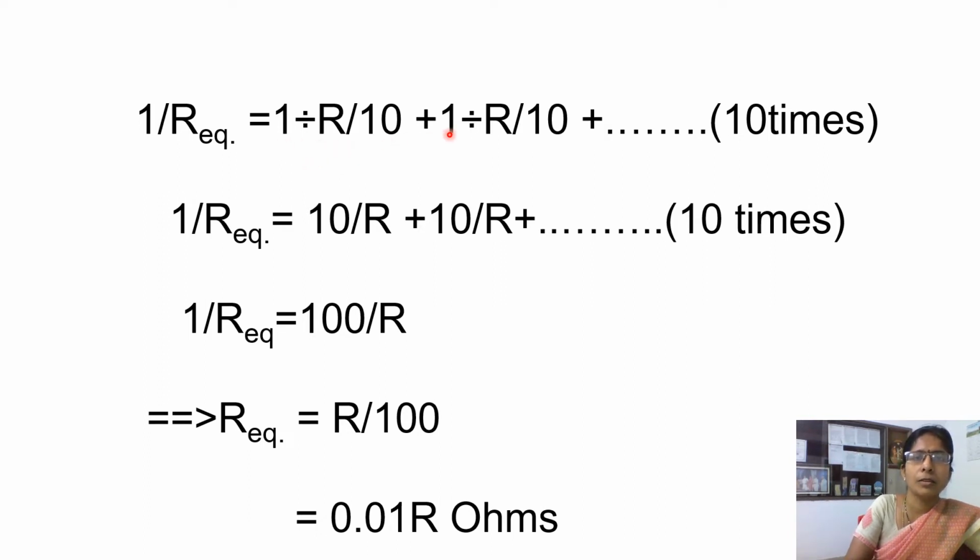Then it is equal to the reciprocal: 1 divided by R/10 means 1 into 10/R. So it changes as 10 divided by R, so it is equal to 10 by R plus 10 by R, and so on for 10 times.